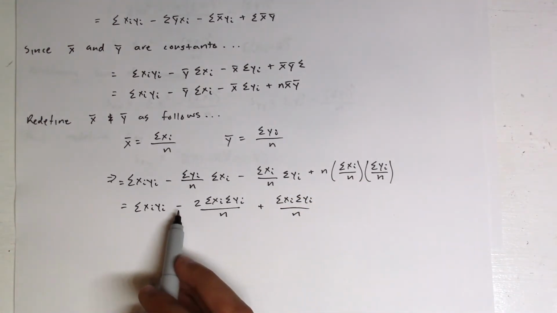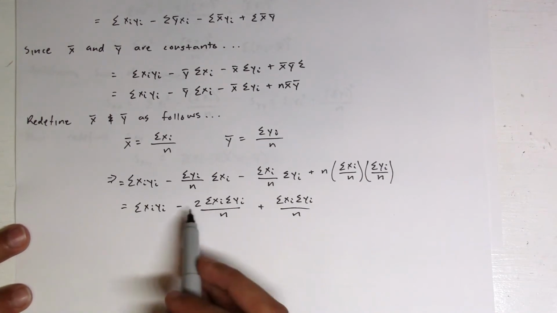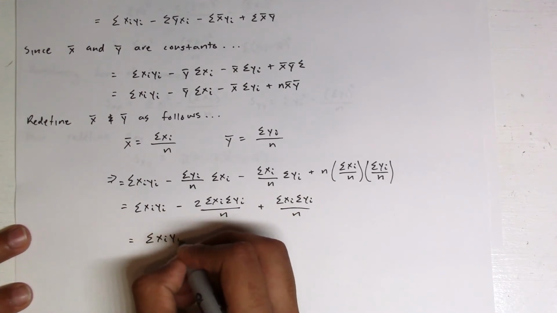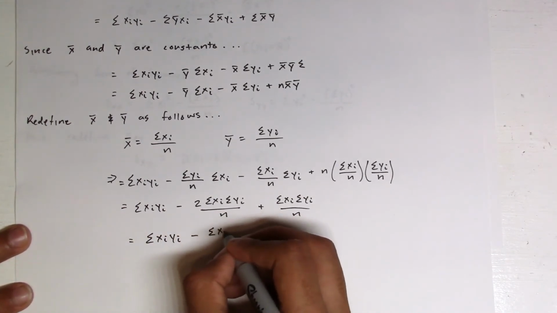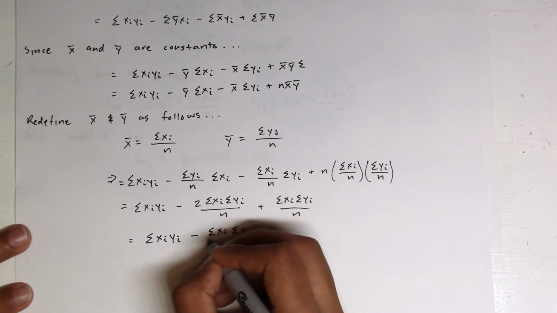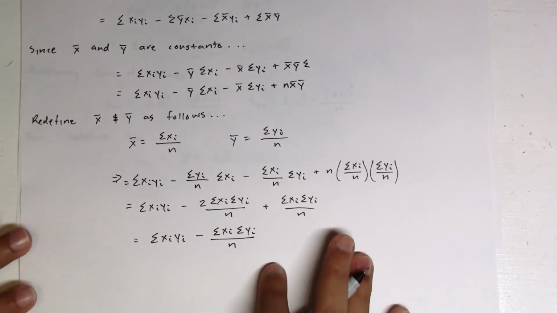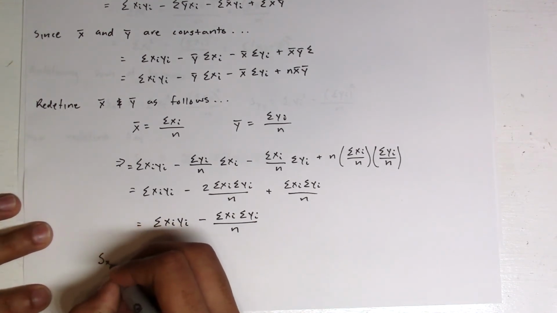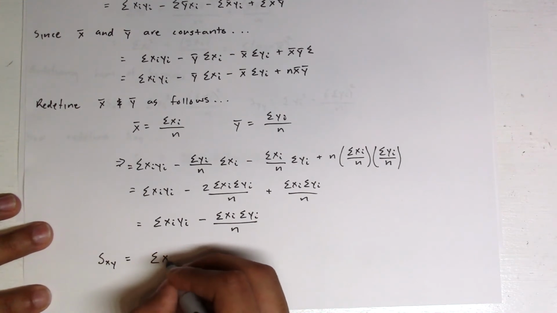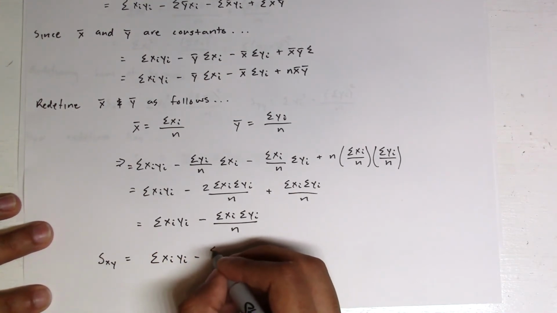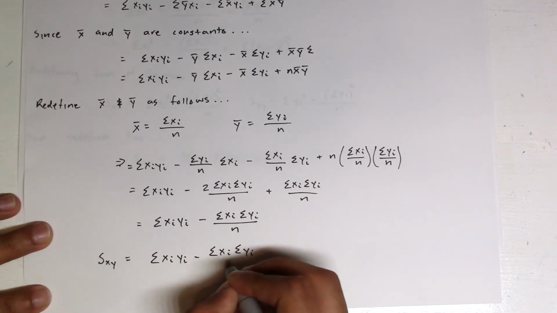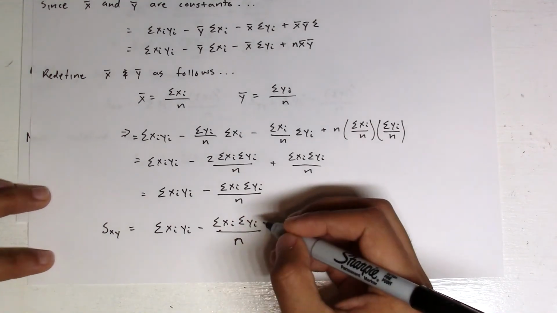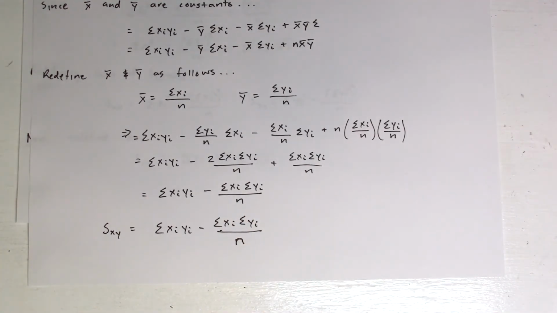Minus 2 plus 1 gives minus 1, so we get the sum of xi yi minus the sum of xi, sum of yi over n. So that is another notation for Sxy. So that is our new notation for the following sum of squares.